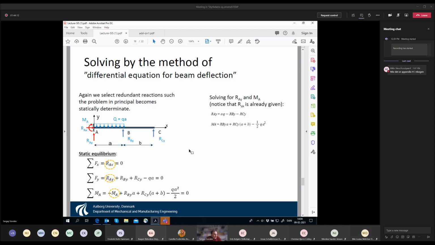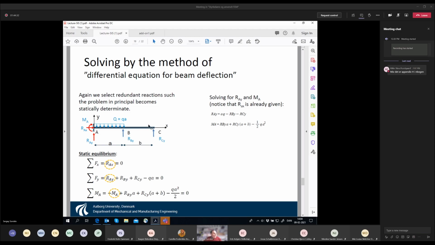So the second derivative of displacement multiplied by the bending stiffness equals the bending moment. Then you need to double integrate this differential equation depending upon the type of loading.